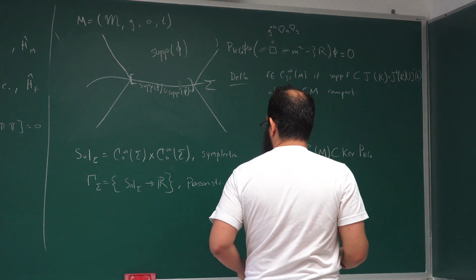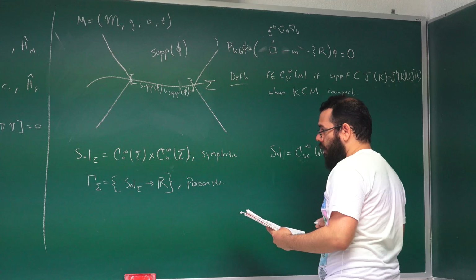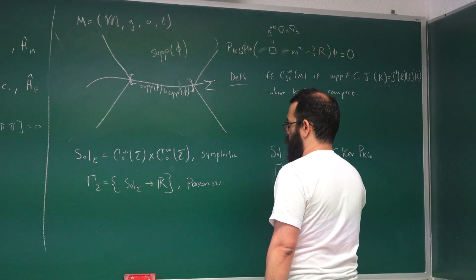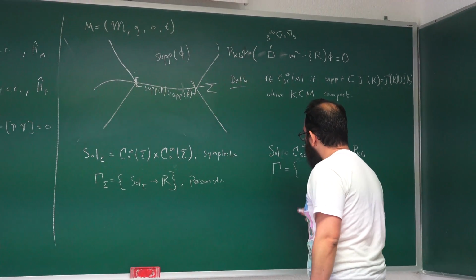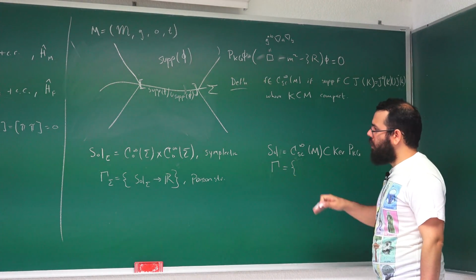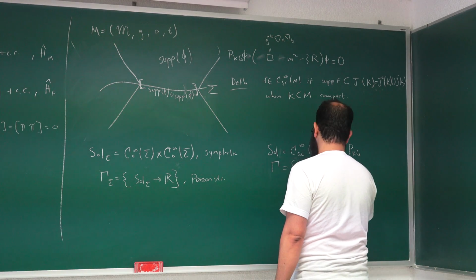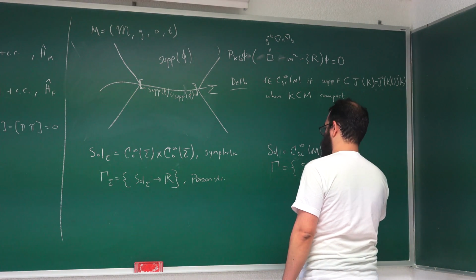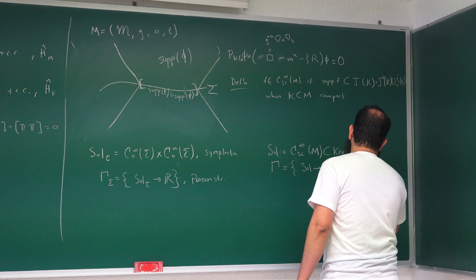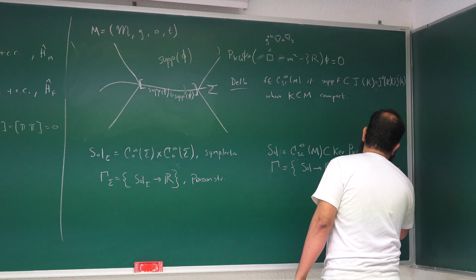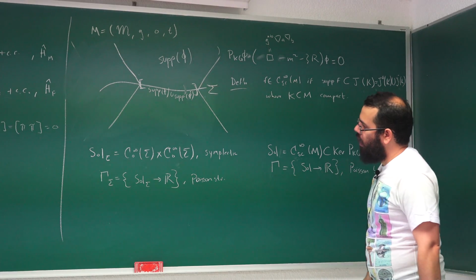And of course, I want to eventually write some phase space that has observables that go from the solutions to R, and I want to introduce a Poisson bracket. That's the idea.